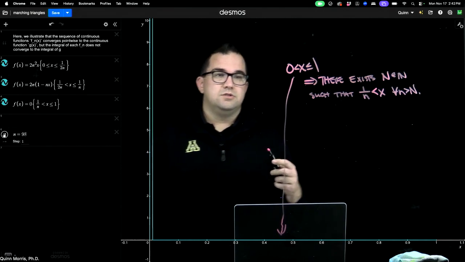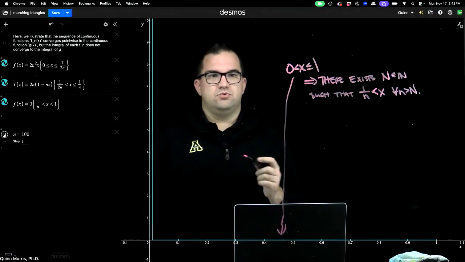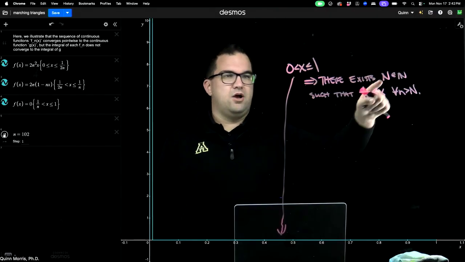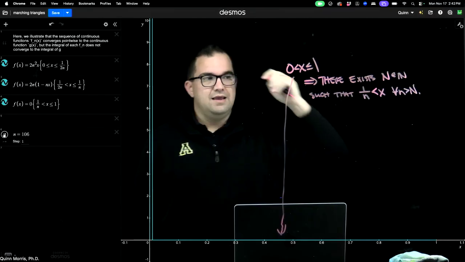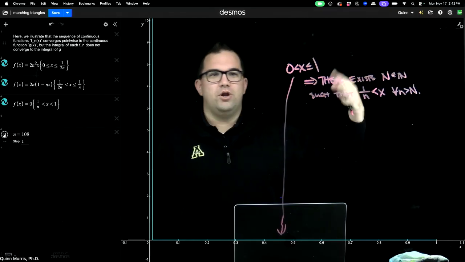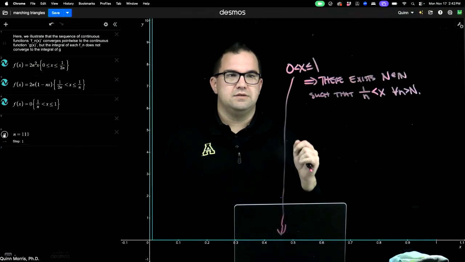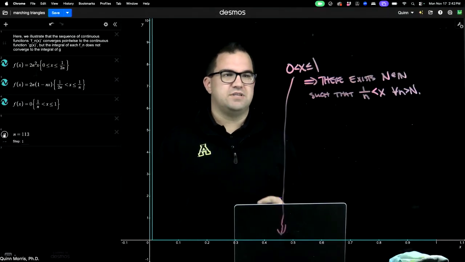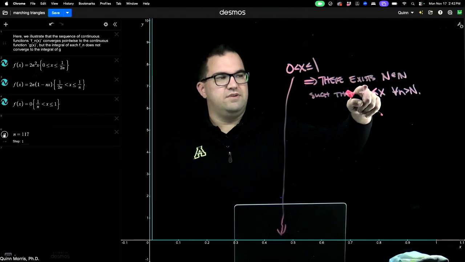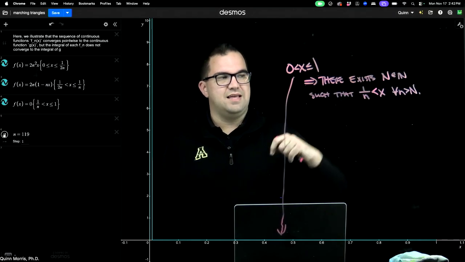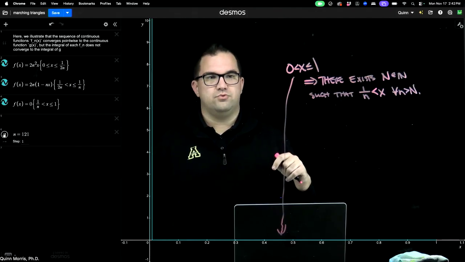If my number x is 1/10, then I need to go out past 10, and then every other value 1 over n will be less than that. But I can do this even if it's not 1 over something. If x was pi to the 5th over 7,000, there would still be some natural number such that eventually 1 over n was less than x for all little n greater than that natural number.